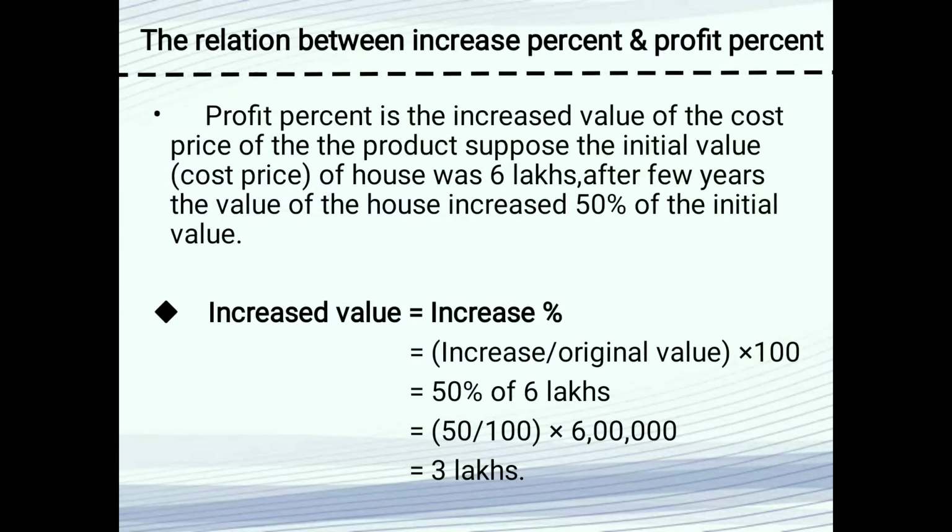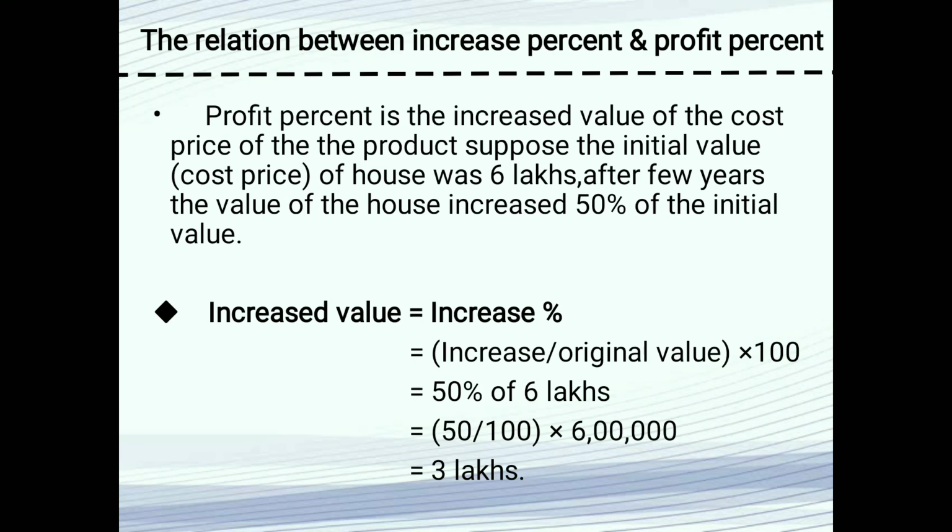The relation between increase percent and profit percent. Profit percent is the increased value of the cost price of the product. Suppose the initial value of a house was 6 lakh. After a few years, the house increased 50% of its initial value. Therefore, increase percent equals increase by original value into 100. So, we get 50% of 6 lakh.